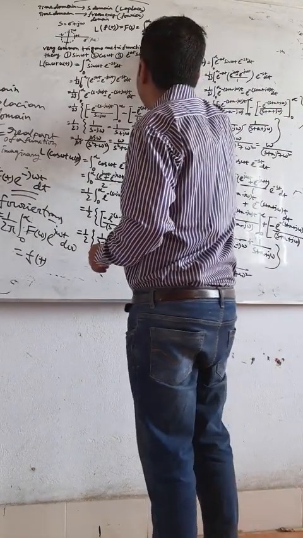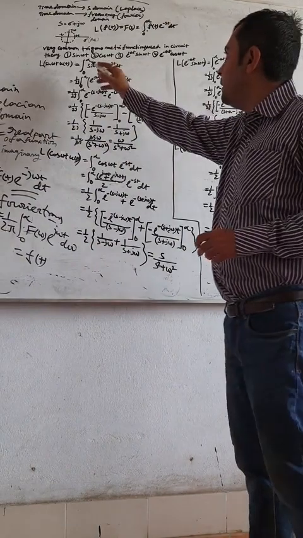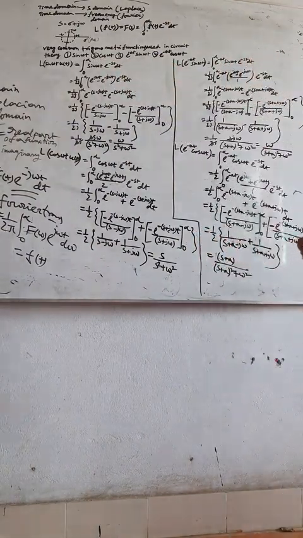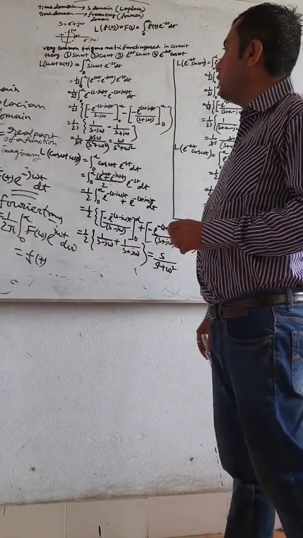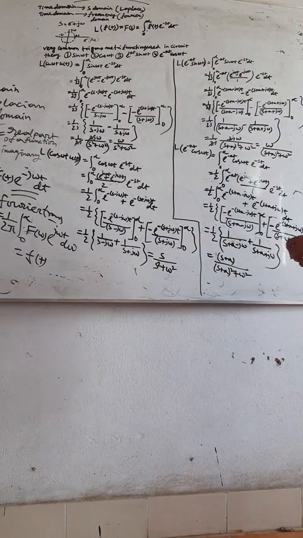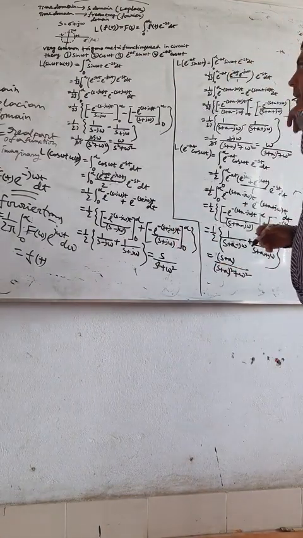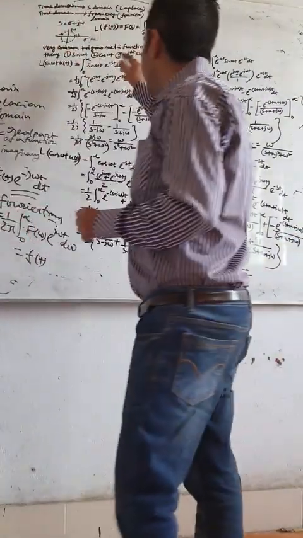They are sine of omega t, cos of omega t, e to the power minus at sine omega t, and e to the power minus at cos omega t. These four functions we use rapidly in circuit theory. They are very common functions. So today we will learn the Laplace transformation of these four common functions.